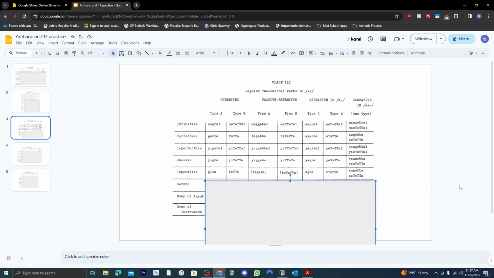Gerund. I think this is going to keep the T ending. That's like a thing that the gerund does. So it's not just the imperative. I think it's more like gebato maybe, gebato, etato, gebato. Oh no, maybe tegebato.